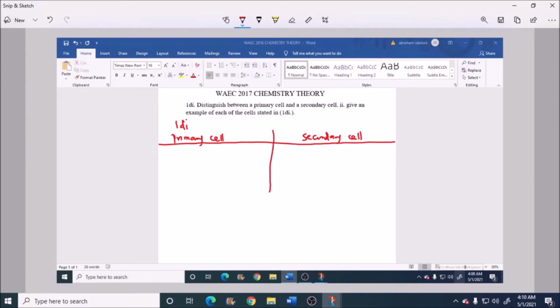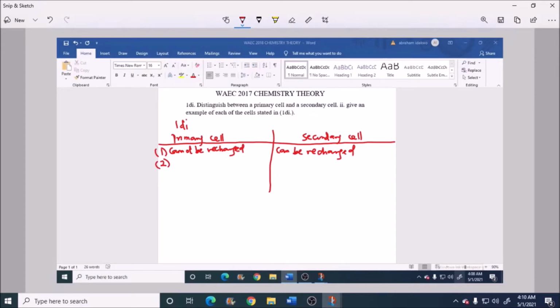Number 1, primary cell cannot be recharged, while the secondary cell can be recharged. So that is number 1.